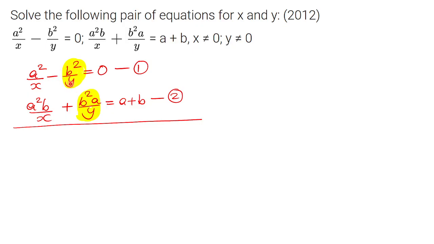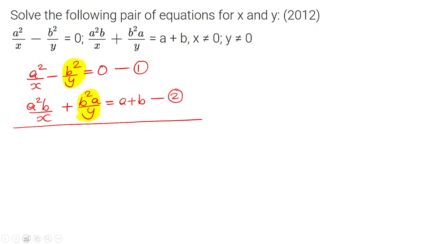Minus b square by y. This is plus b square by y into a. This is b square by y, but this is b square by y into a. So one a is extra here. I want to make these two highlighted terms identical, then only elimination method is possible.